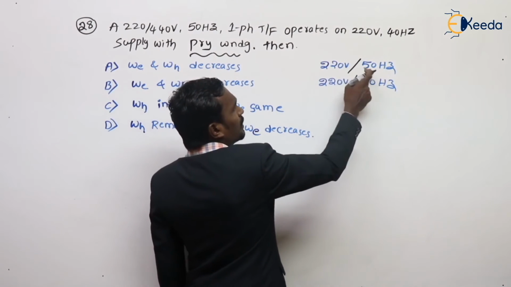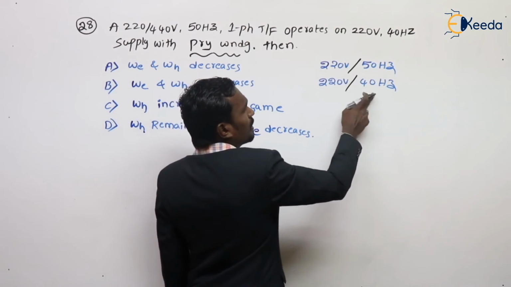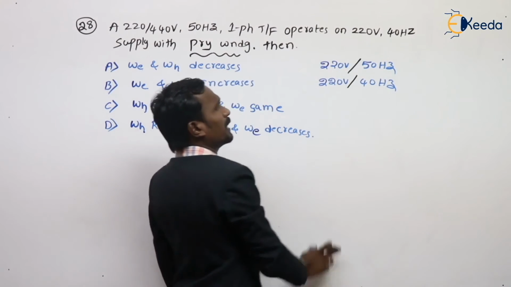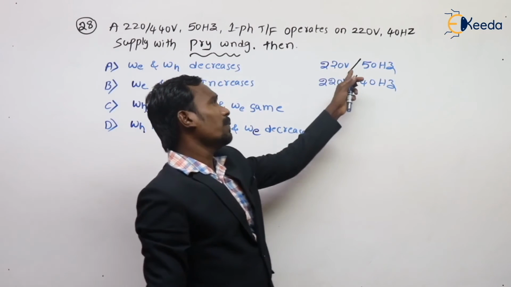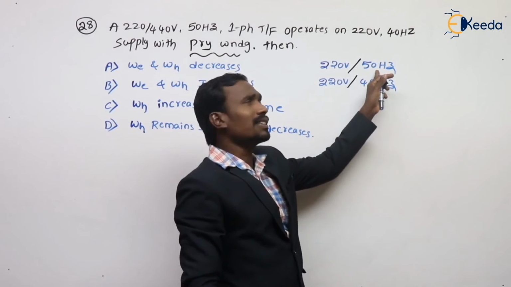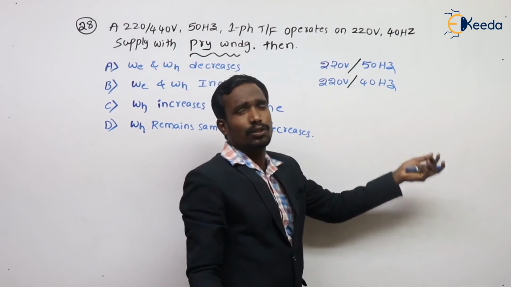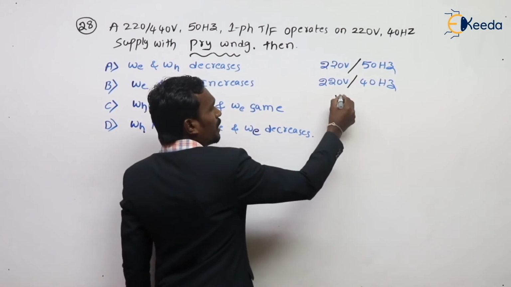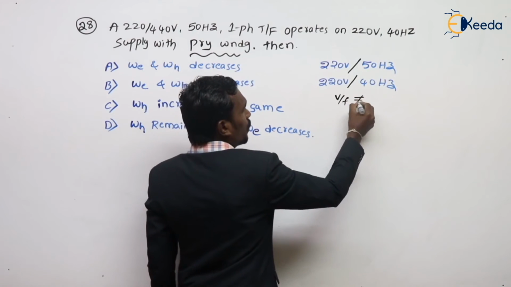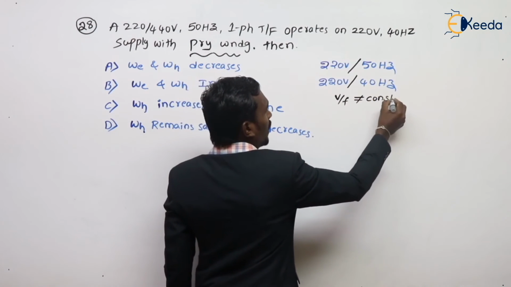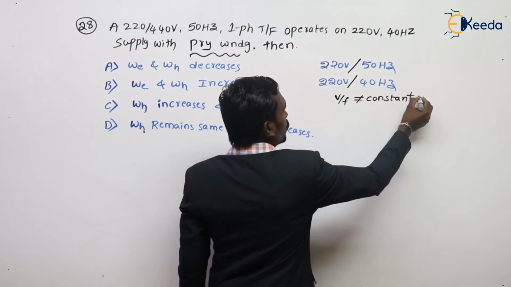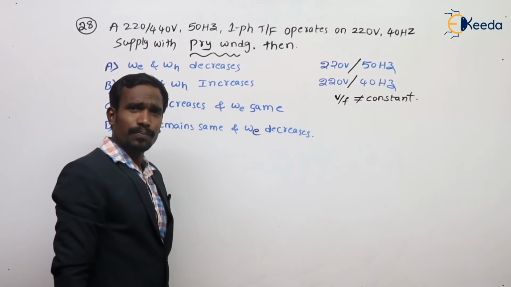See here, this V by F ratio is not equal to this V by F ratio. 220 by 50 is not equal to 220 by 40, it's true. So here the V by F ratio is not constant.